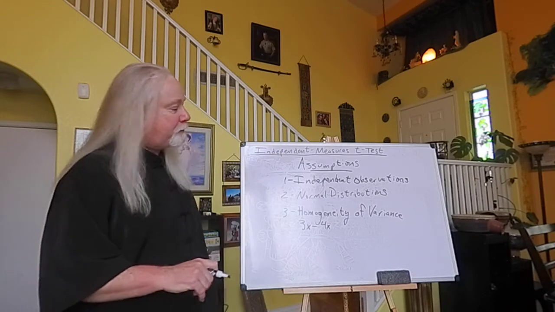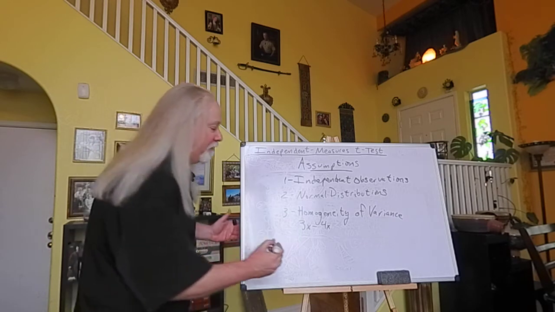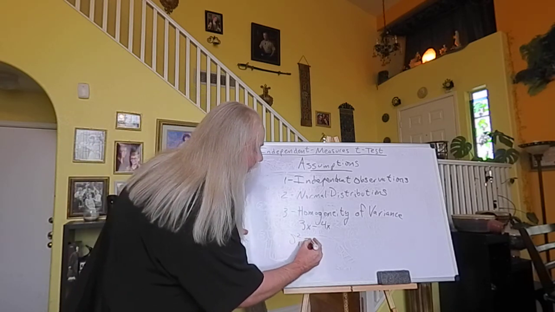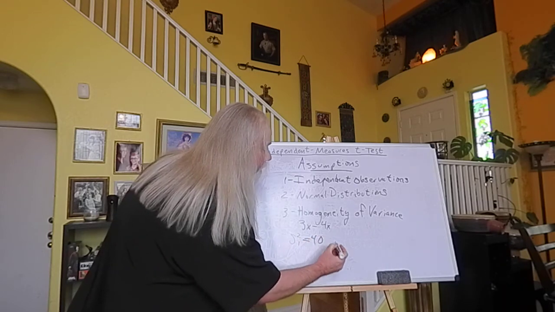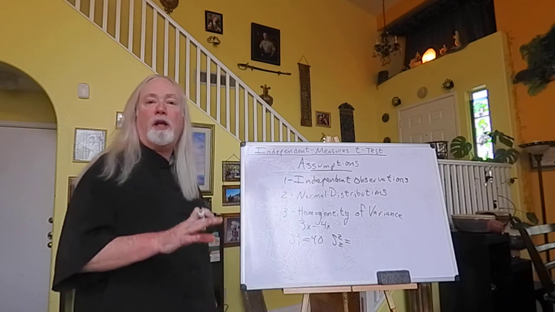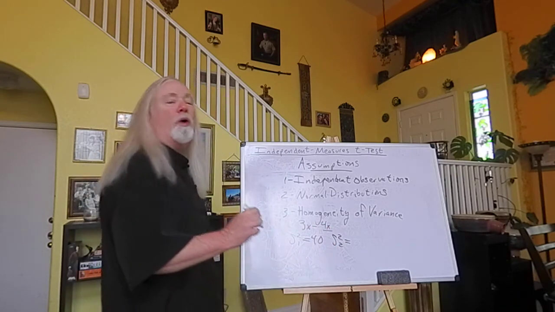So for example, if we knew that the variance for the first sample was 40 points, what does the variance for the second sample need to be to be close enough? Let's just go with the maximum here, 4 times.